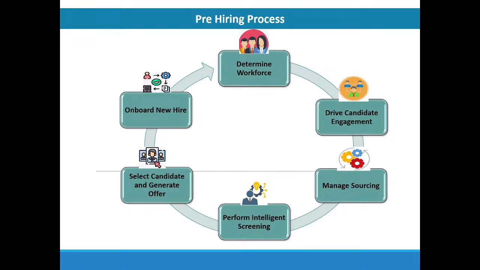For this, the following process needs to be put into place: determine workforce needs, drive candidate engagement, manage sourcing, perform intelligent screening, select candidate and generate offer, and then onboard new hire.